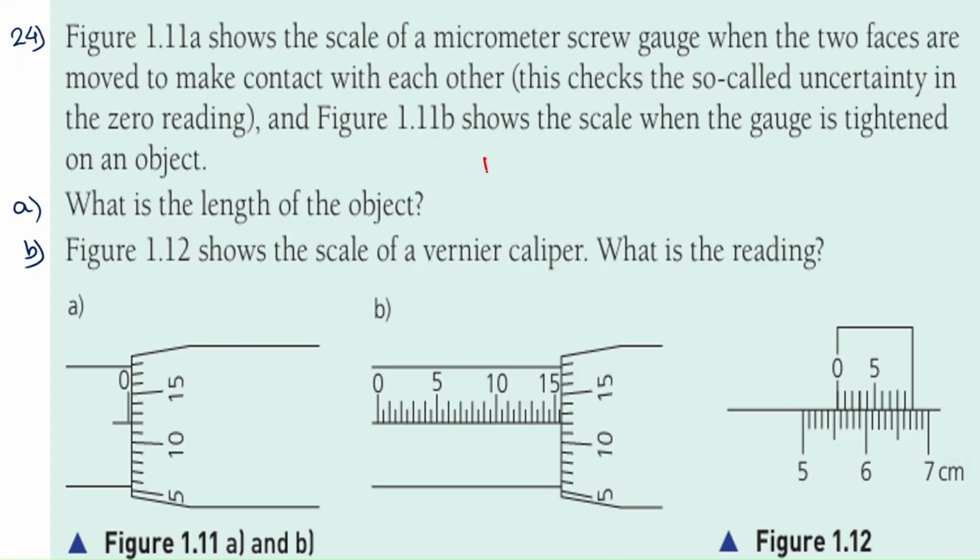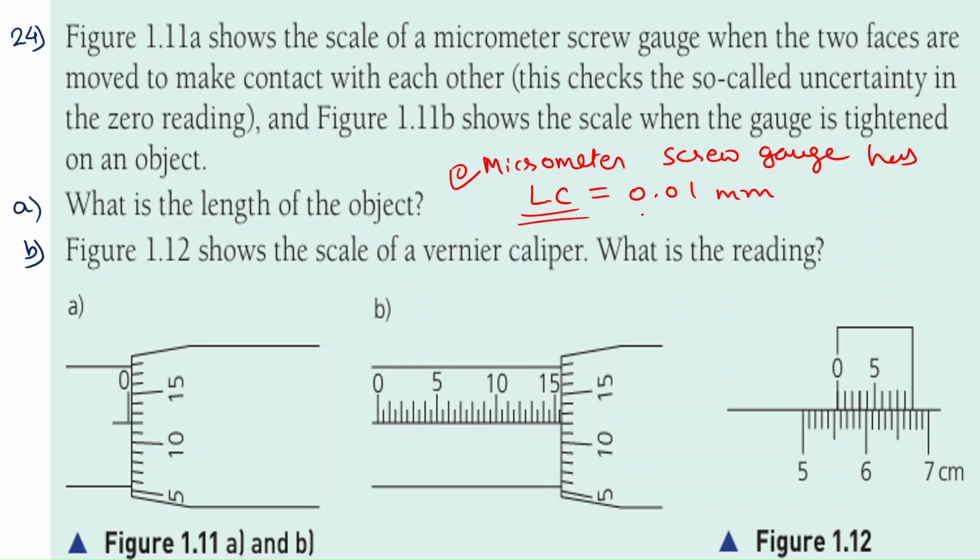In the micrometer screw gauge, the least count is about 0.01 millimeter. So you all know the least count of the screw gauge.